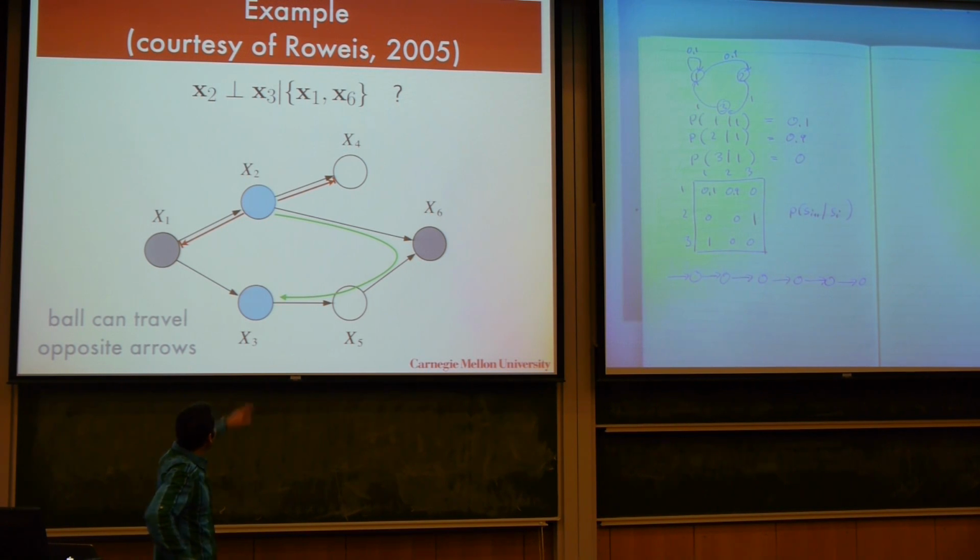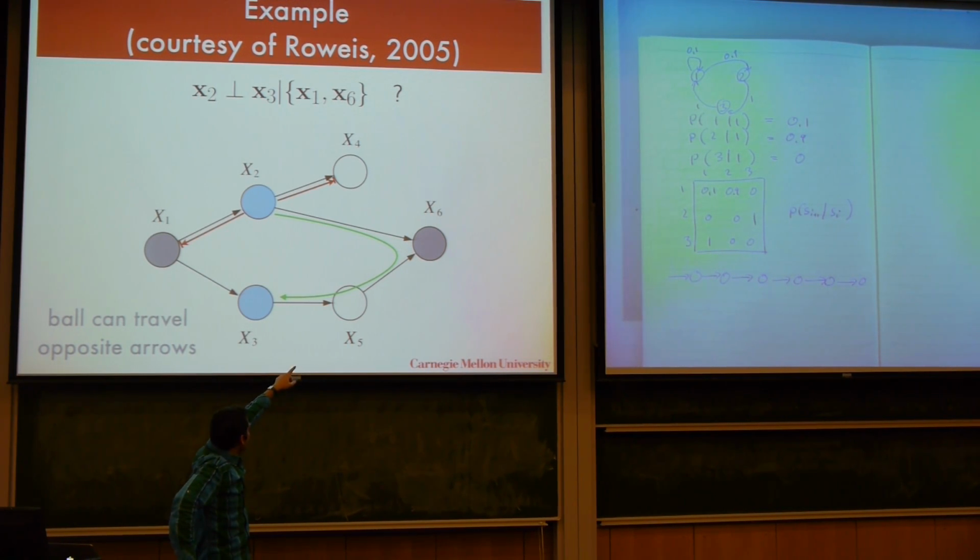It goes through because x2 and x5 have x6 as a joint child. And observing the child makes x2 and x5 dependent on each other. Now, I know that this is a chain going from x6, x5, and x3.